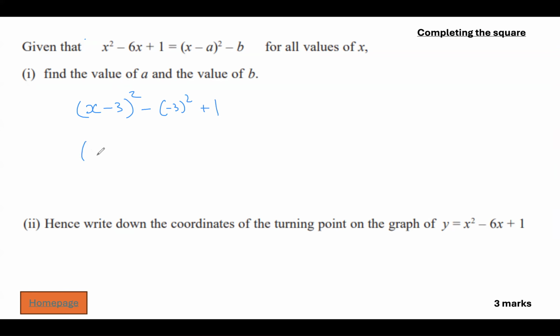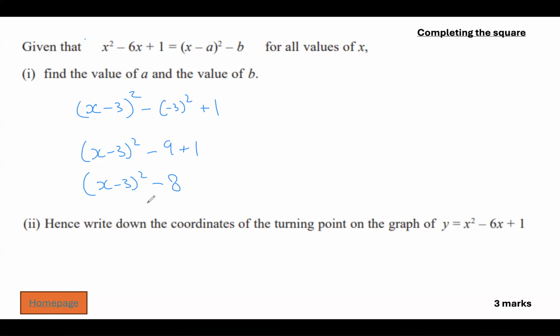So what we end up with is (x minus 3) squared minus 9 plus 1. So our final answer is (x minus 3) squared minus 8.